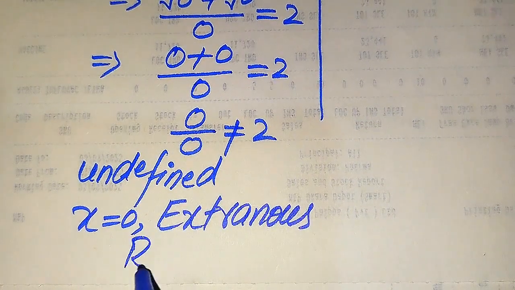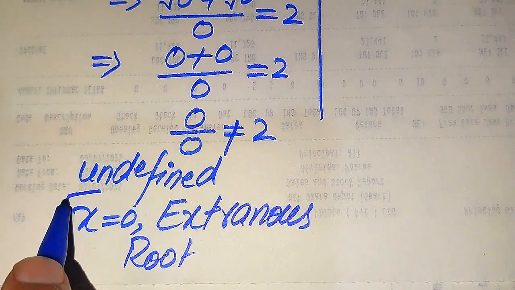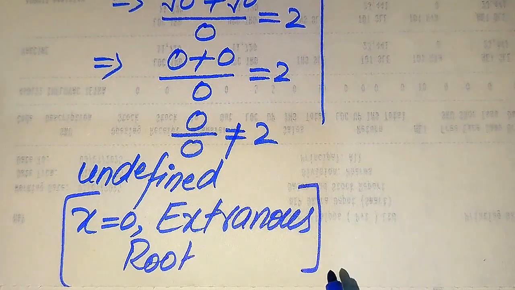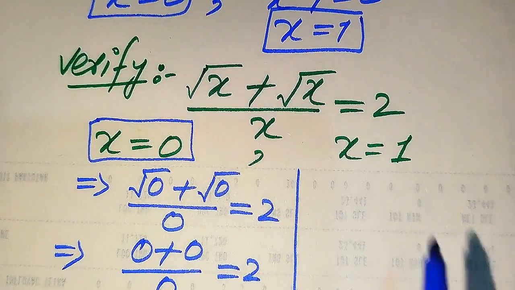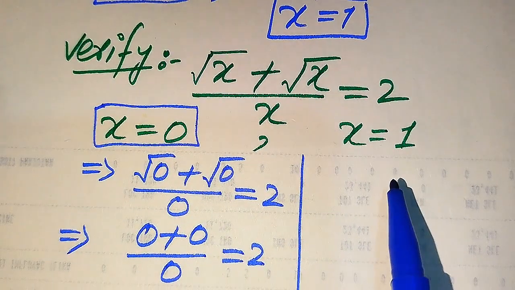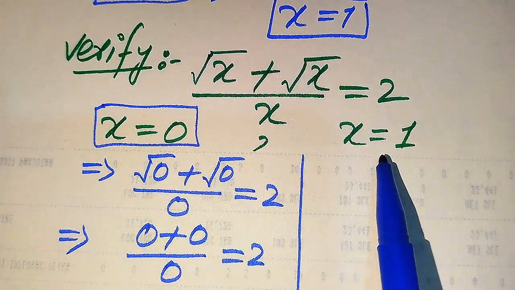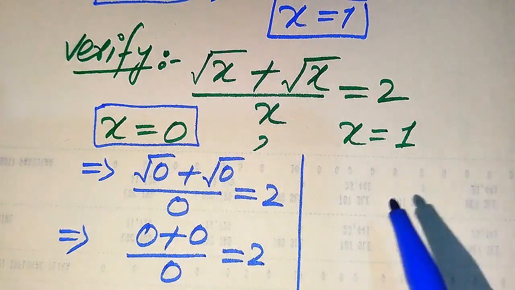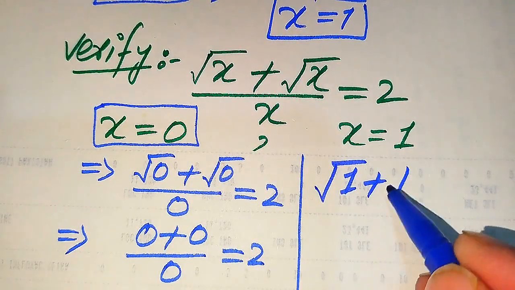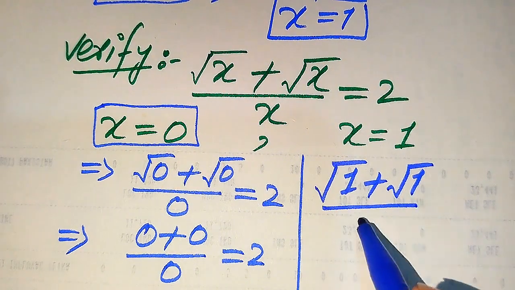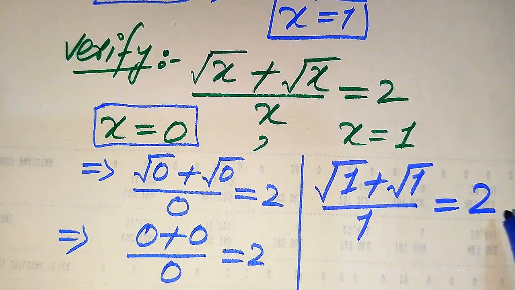Now we need to focus on the second root of the given equation, and we verify the second value of x. We substitute the second value of x into the left hand side, and it will be written as square root of 1 plus square root of 1 divided by 1 equals 2, or not.